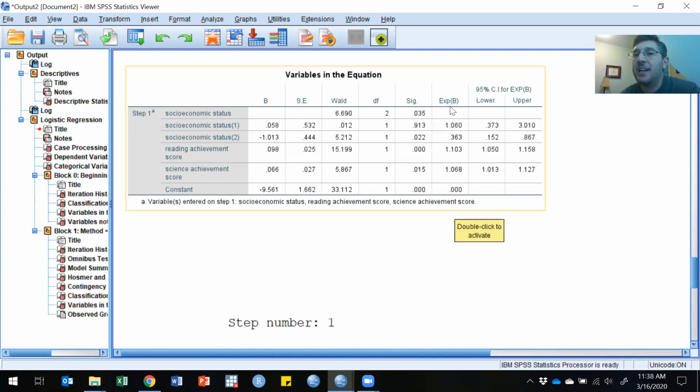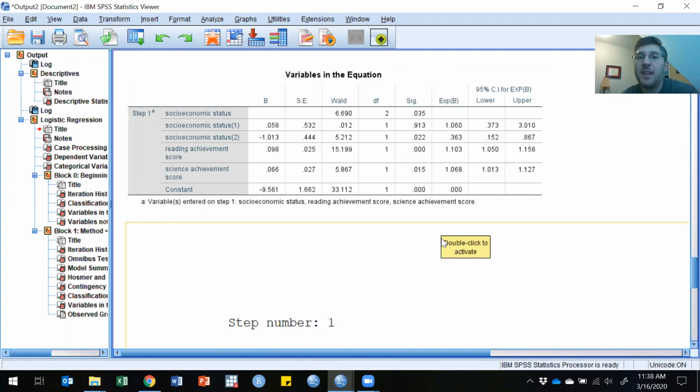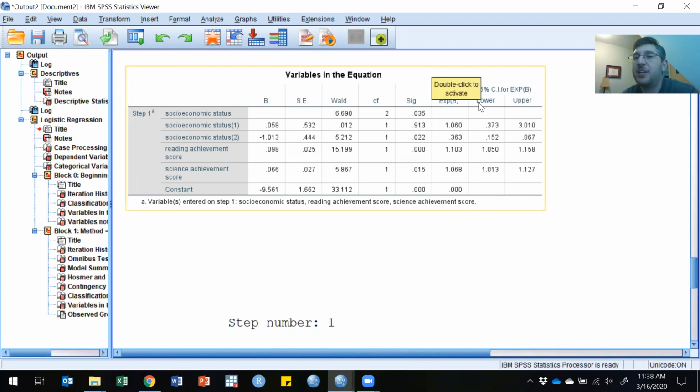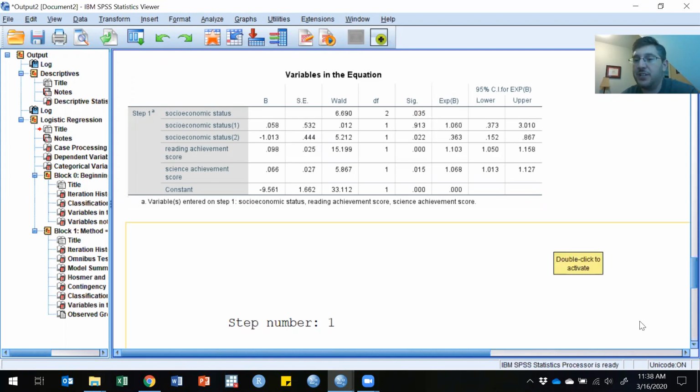Exp(B) here, these are our odds ratios. We're exponentiating the unstandardized coefficient. That's why it's written this way. So these are our odds ratios, and then here's our confidence interval on our odds ratios.